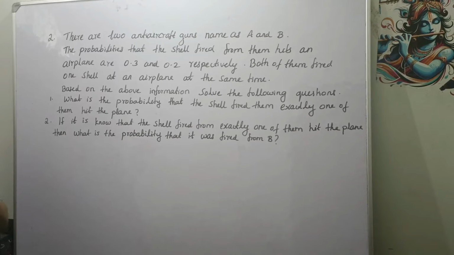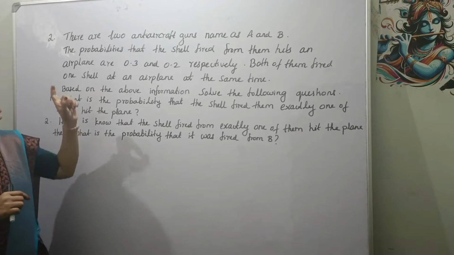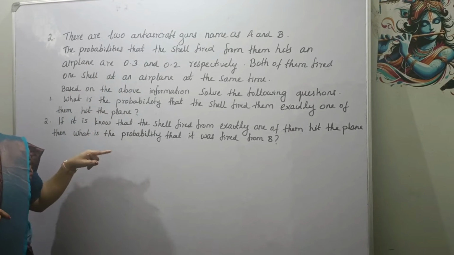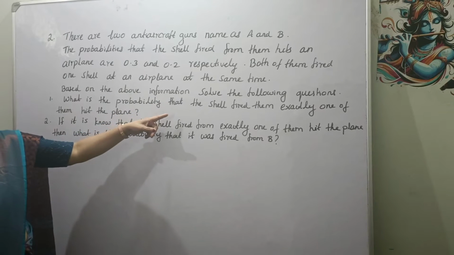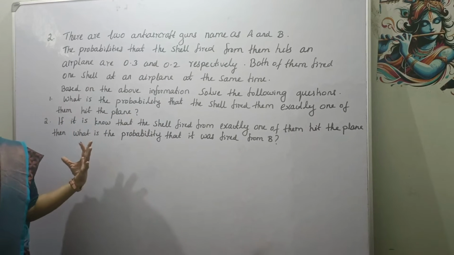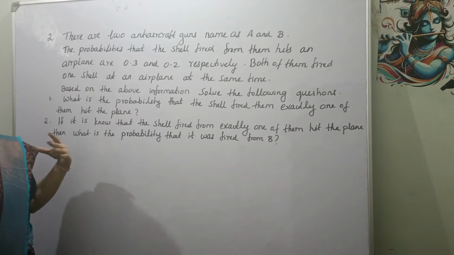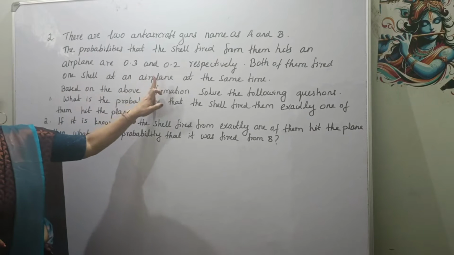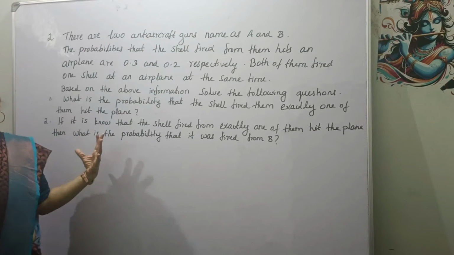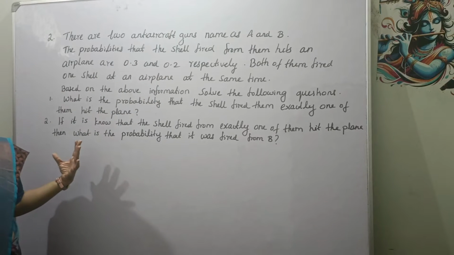So here, exactly one of them hit the plane. What are the possibilities? One is the probability of shell from A hits the plane and B does not hit the plane, because it is given exactly one of them. Next is the probability of shell from B hits the plane and A does not.